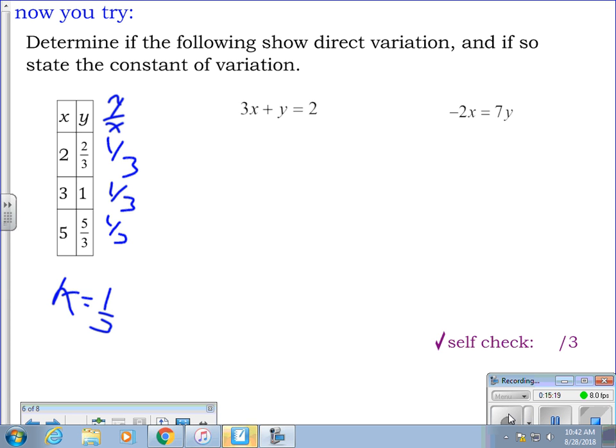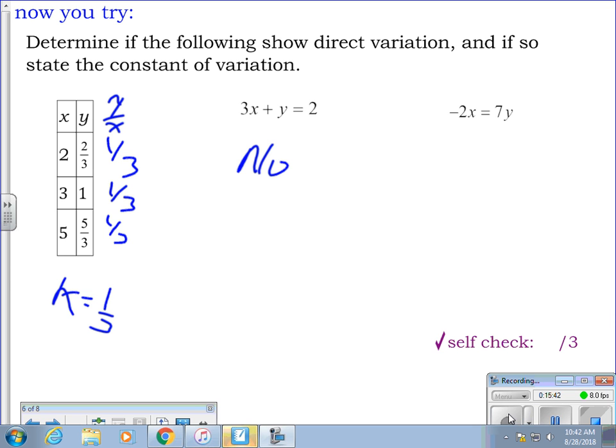The second one, is it direct variation? Yes? No? Maybe? No, it's not, because I got the addition in there. Addition just tosses it right out. This is a nope. The last one, is it direct variation? Does it look like one of these?